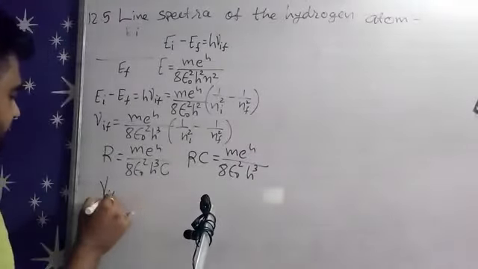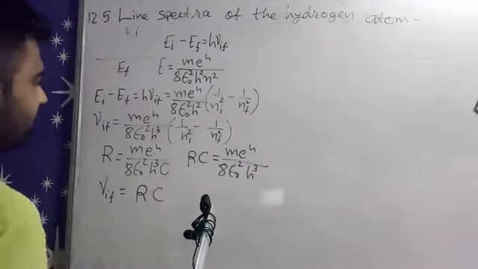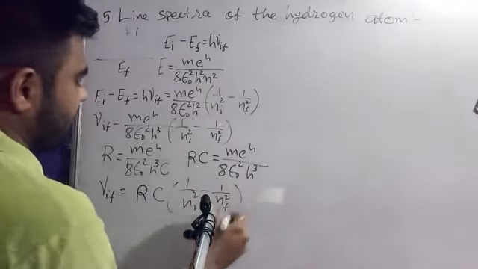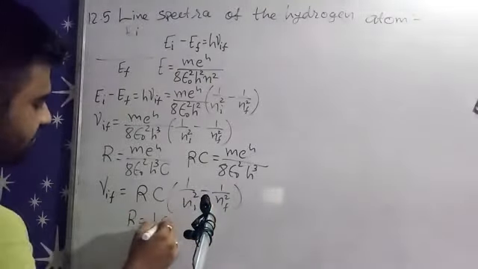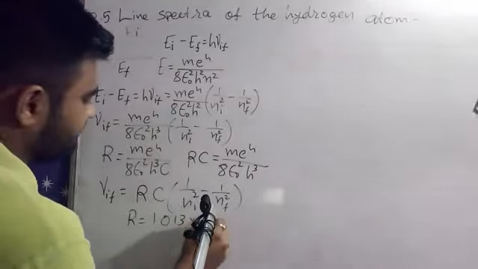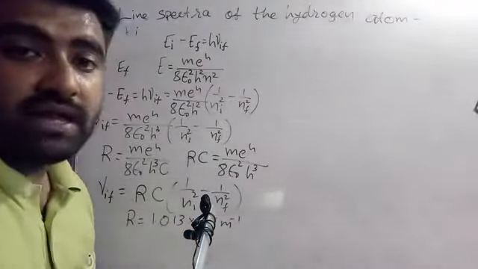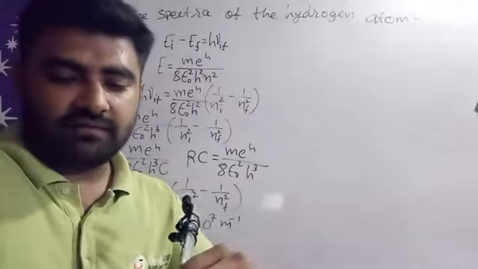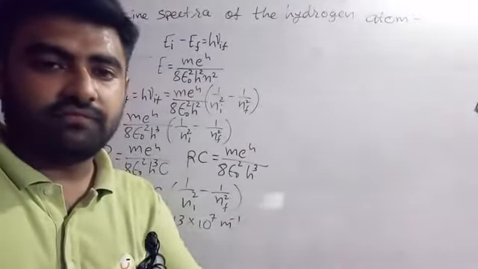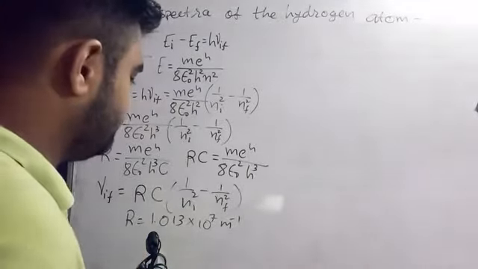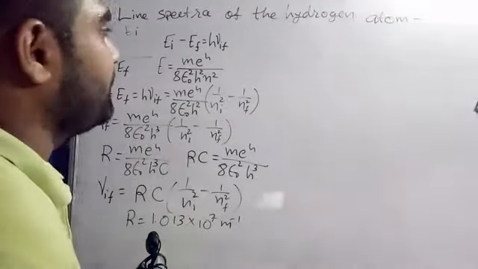So nu if is equal to R into c, 1 upon ni square minus 1 upon nf square, and we have that constant value 1.013 into 10 raised to 7 meter inverse. So that's our R, the Rydberg constant: R is equal to 1.013 into 10 raised to 7 meter inverse.